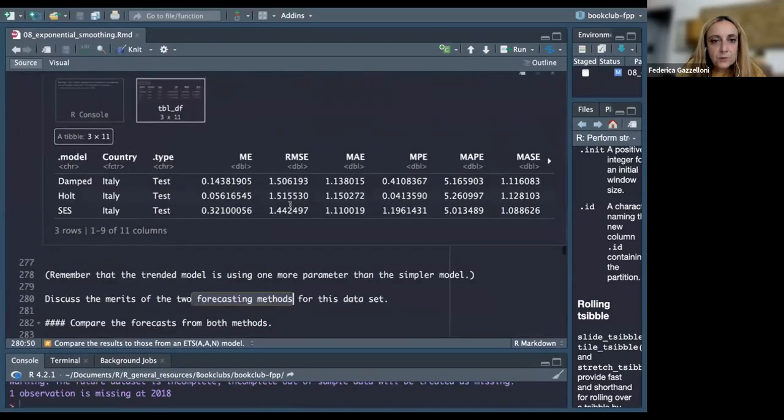Just a little mention with the forecast of the three methods. Here, around the other one, the damped is the best one on the test result, and the simple one is the lowest.